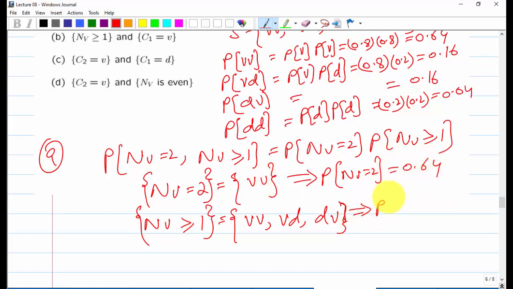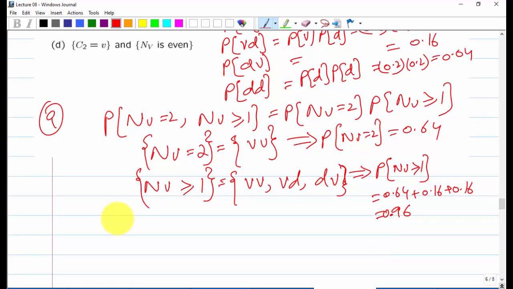And from here the probability of NV greater than or equal to 1 will be equal to the sum of these probabilities: VV is 0.64 plus 0.16 plus 0.16. So this will be, I think, 0.96.